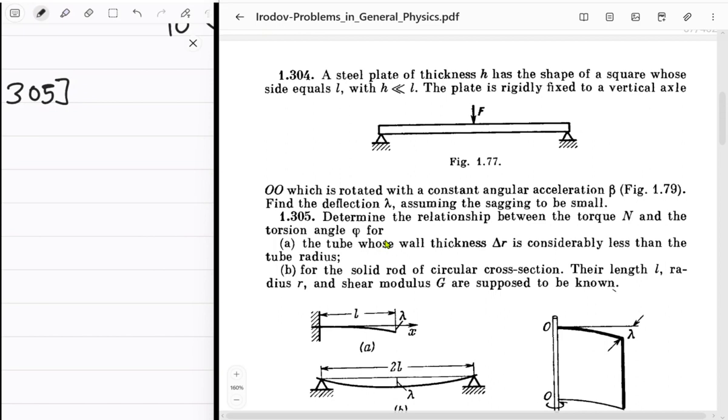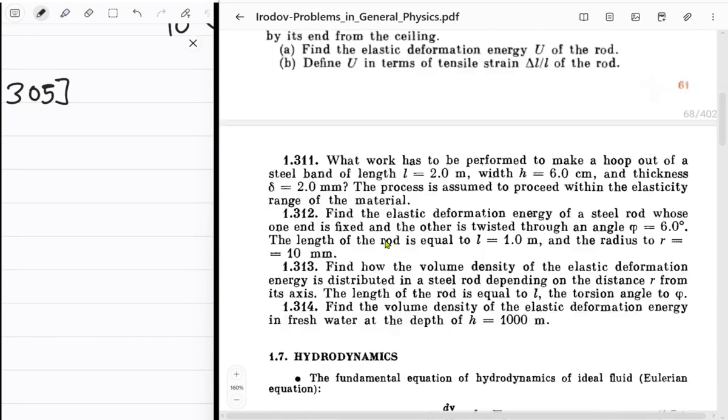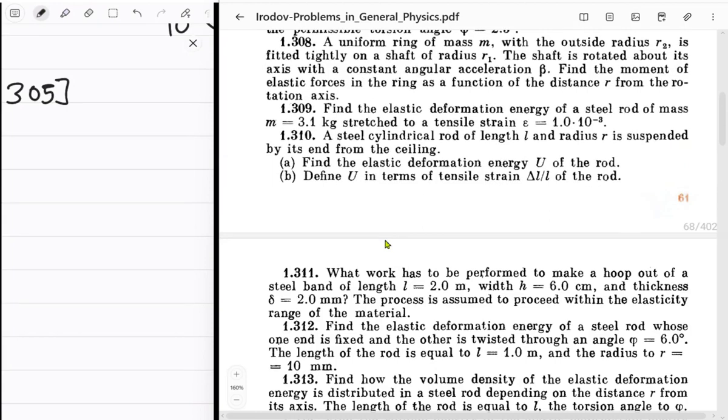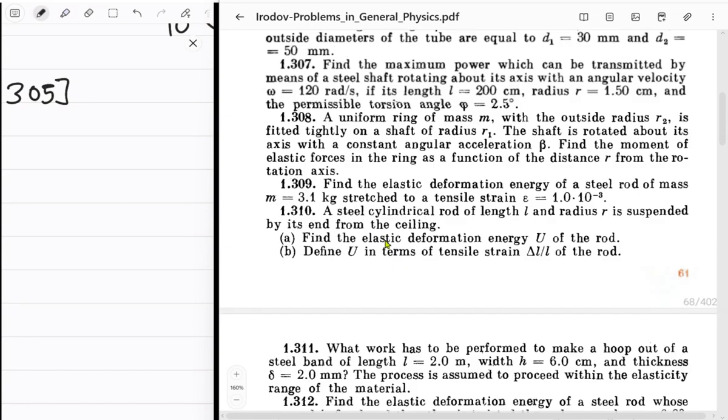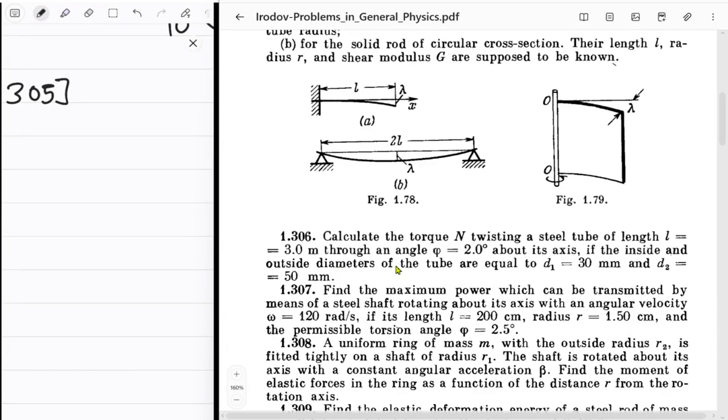All right, so I really don't know about these kind of things. And this is just the fifth question, and look at how many more there are. And then there's work and whatnot. This particular question is about torsion. The next one is about power, which can be transmitted by means of a steel shaft rotating about its axis with an angular velocity.